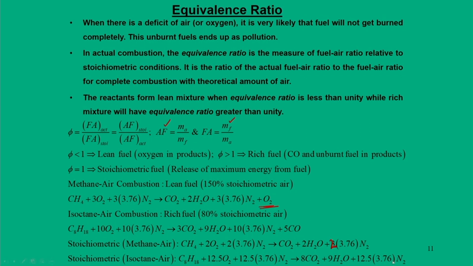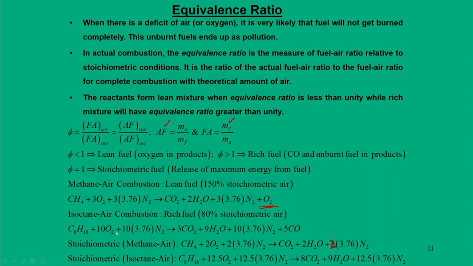But what we require is rich fuel. Rich fuel means 80% of stoichiometric air, that means air in deficit. So, if that is the case, the 12.5 becomes 10, it is a 20% deficit, and nitrogen will also have 10 as a stoichiometric coefficient.